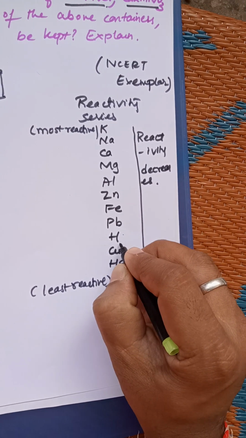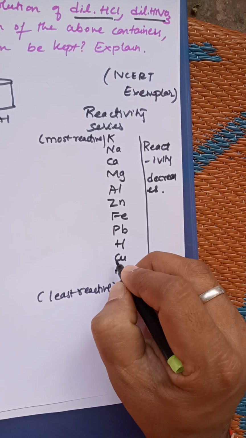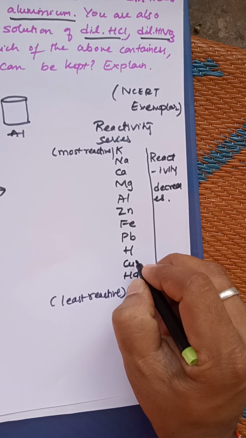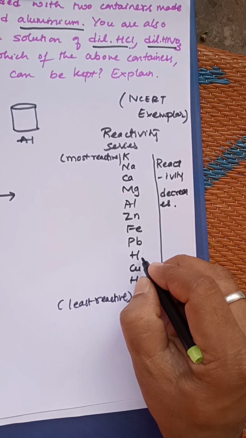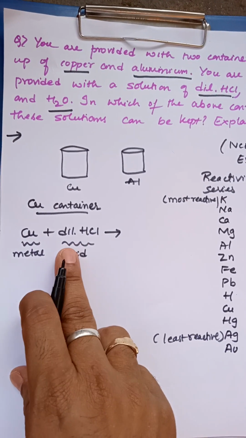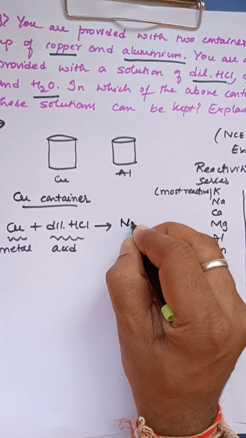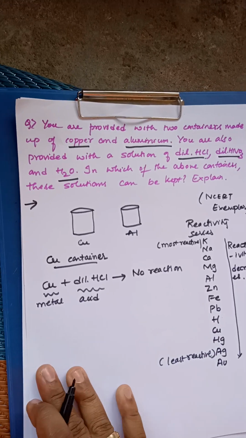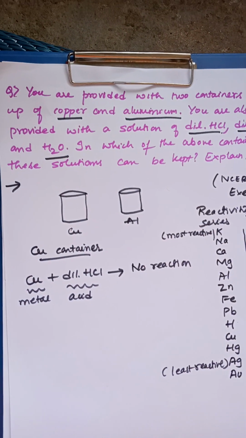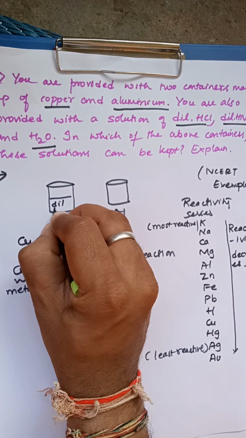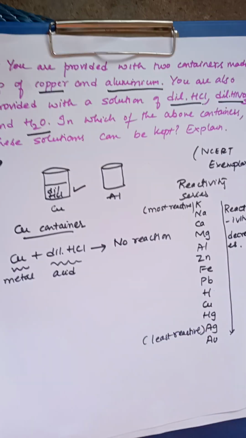That means hydrogen is more reactive than copper, or copper is less reactive than hydrogen. So copper being less reactive than hydrogen cannot displace hydrogen from dilute HCl. So we can say there is no chemical reaction taking place between copper and dilute HCl. So dilute HCl can be stored in copper container safely.